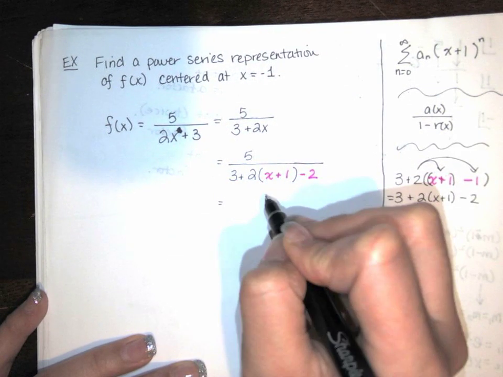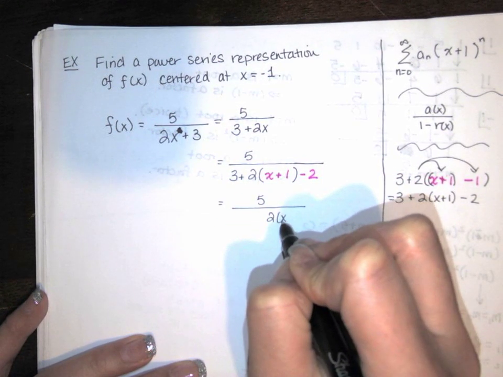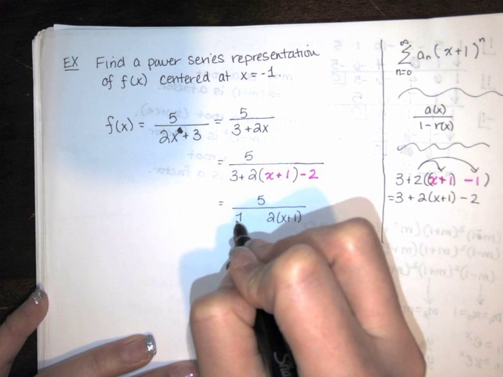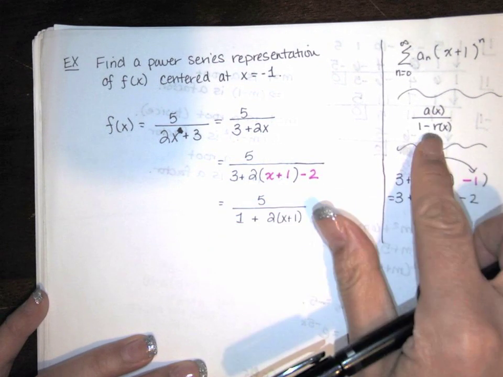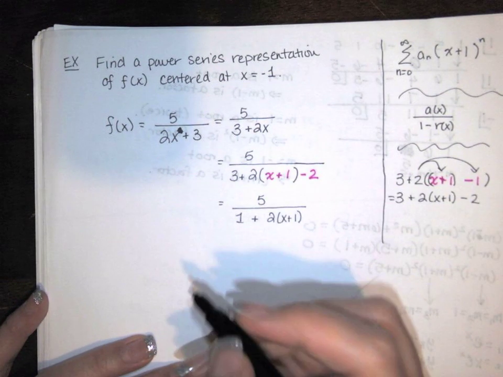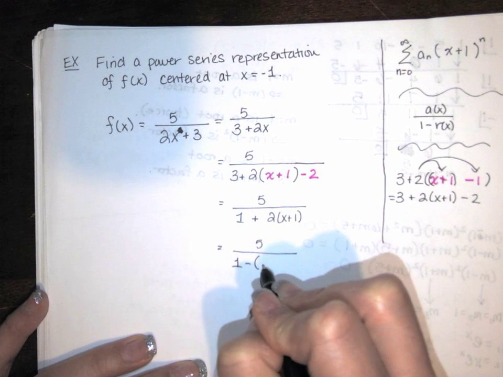So now I've got 5 in the numerator, I've got a 2 times the quantity x plus 1 over here, and 3 minus 2 actually turns out to be 1. Hey, that looks a lot like this. But again, we're adding when we need to be subtracting, so we'll change adding to subtracting a negative.